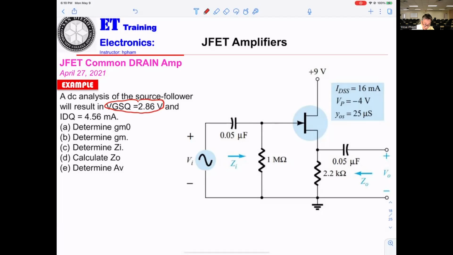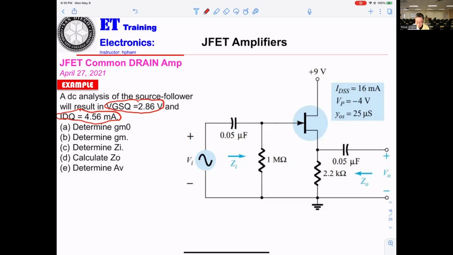That's DC ID. And also VGSQ. So you don't have to do calculation for that DC. And they want to know what the value of GM0. The value of the GM. We already know the formula. Okay. And they get the input impedance. In this case, you will be at 1 mega ohm.